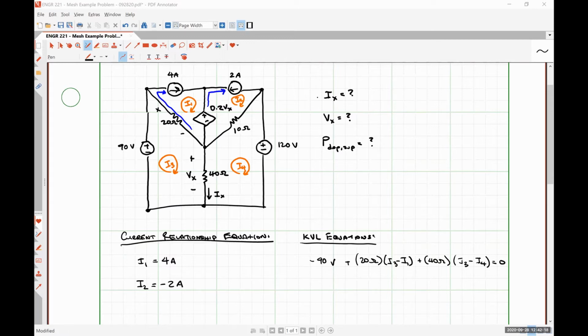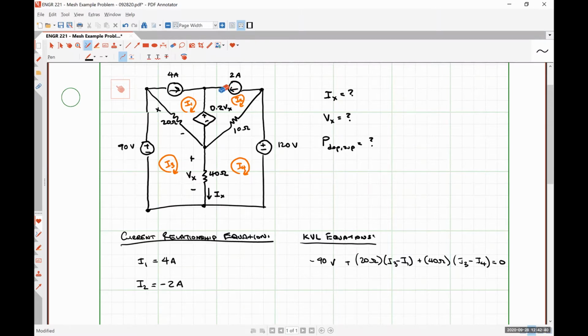We know everything that we need to know about those particular meshes because we know how much current flows through them. And so what I mean by that is, let's erase this, and let's erase this guy as well.